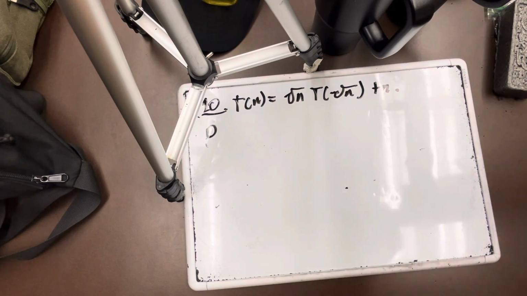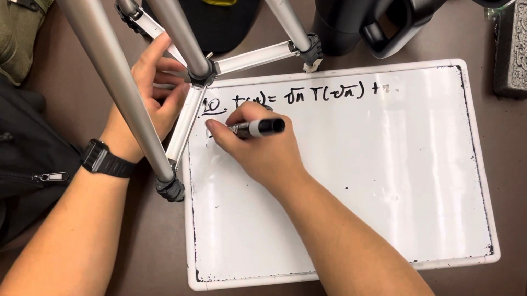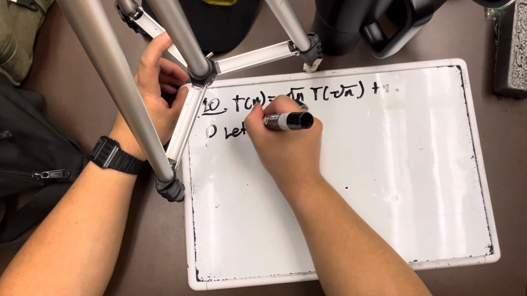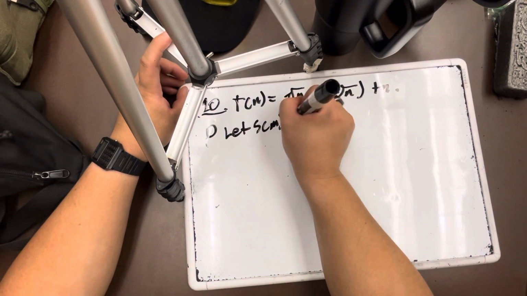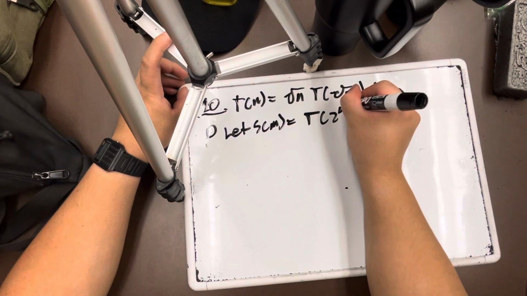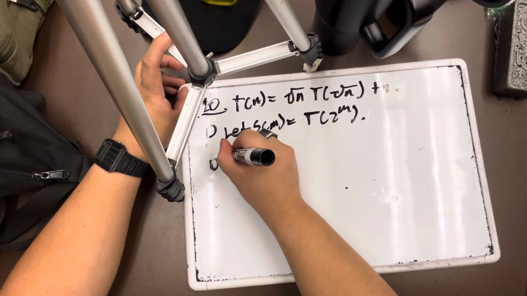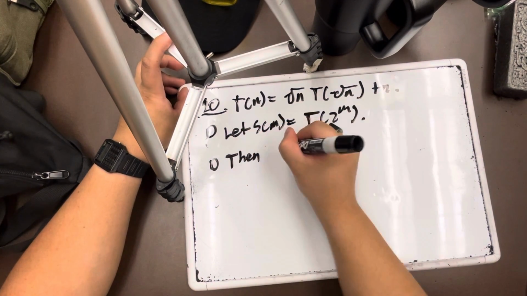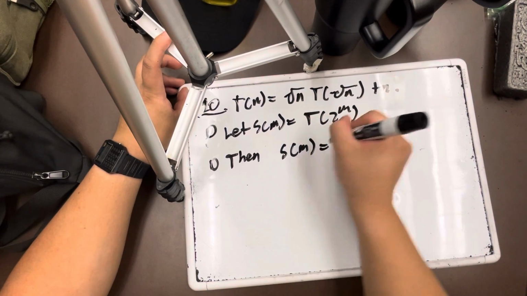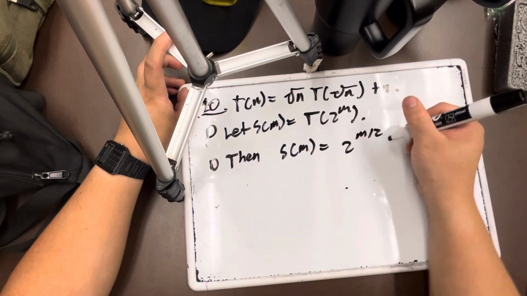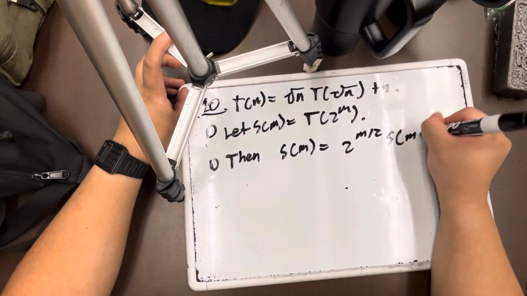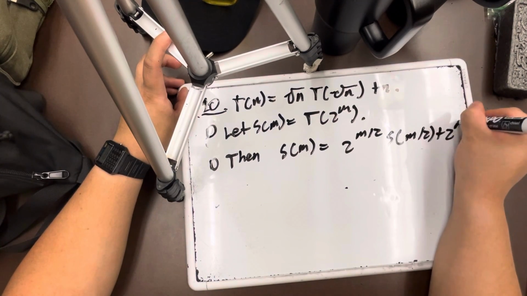So, more rigorously, let's say, let S(m) equal T(2 to the m), then S(m) is equal to 2 to the m divided by 2 times S(m/2) plus 2 to the m.